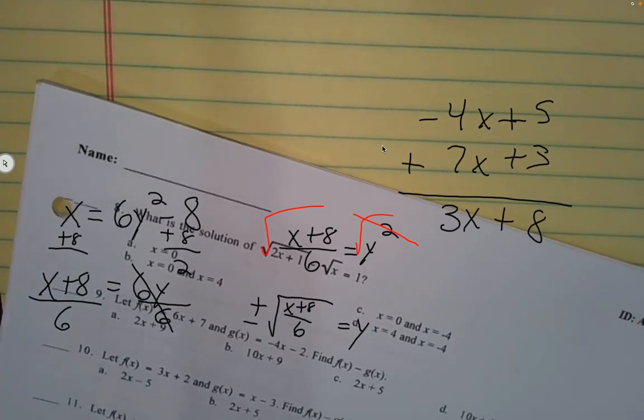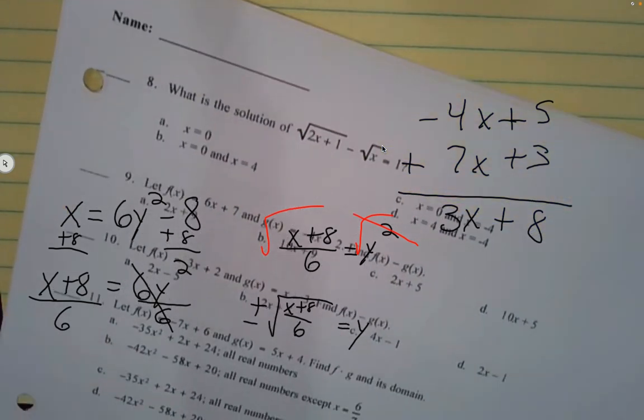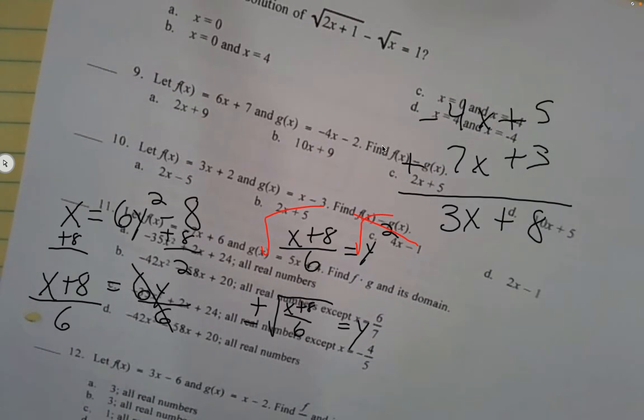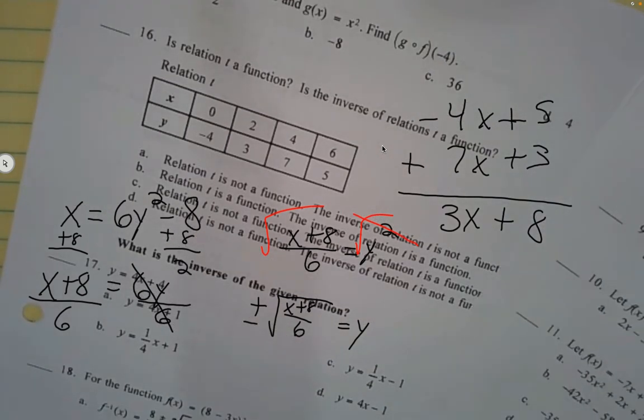And a multiplication one, number 11. Number 13, it'll factor. And then I've got 14 and 15.